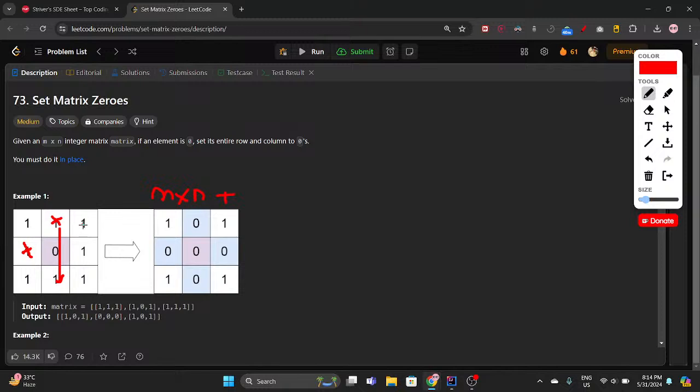So if we are applying 0 here, here, here, in the worst case, if we have 0 everywhere, again for every row we are doing m updations, and for every column we are doing n updations.